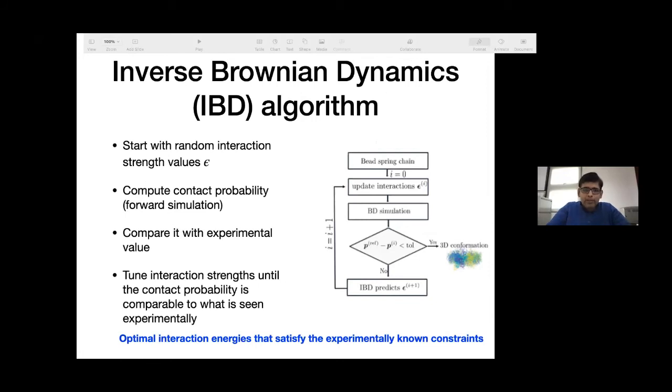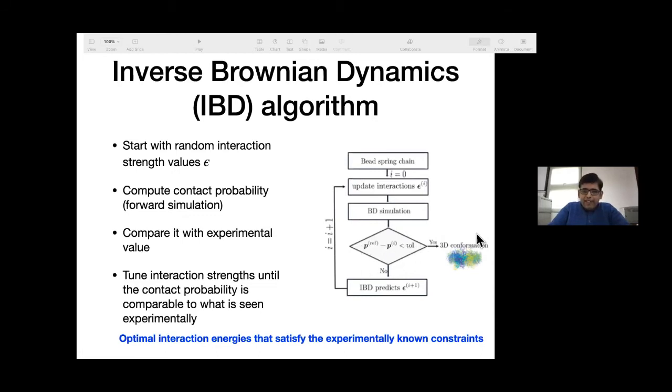So this is the algorithm that we do. We can start with random interaction strength epsilon values. Then you compute the contact probability by doing a forward simulation, and you compare that with the experimental value. Then you tune the epsilon strength in such a way that the difference between the reference contact probability, which is the experimentally known contact probability, and what we obtain in simulation is very small, to our satisfaction, some tolerance level.